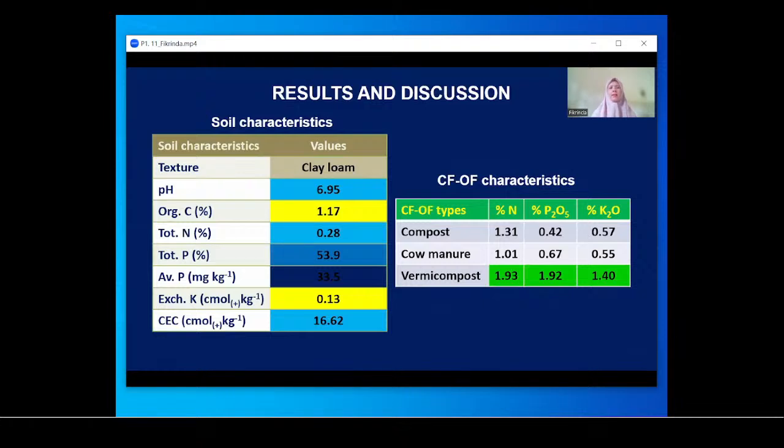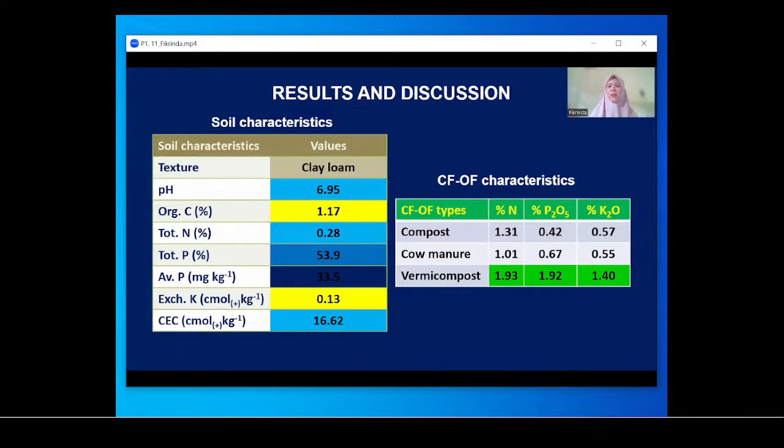For the results and discussion, here we can see the soil characteristics before we examined the treatments. You can see the texture was clay loam, pH neutral, organic carbon and exchangeable potassium were low, total nitrogen and cation exchange capacity were medium, total phosphorus was high, and available phosphorus was very high.